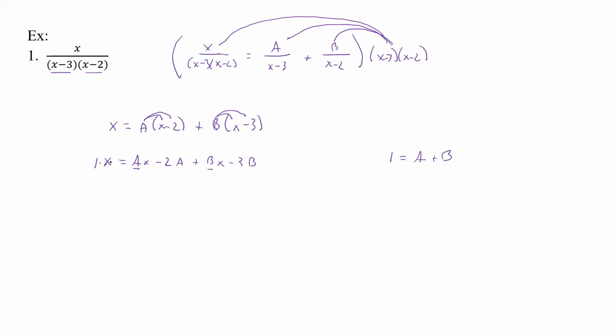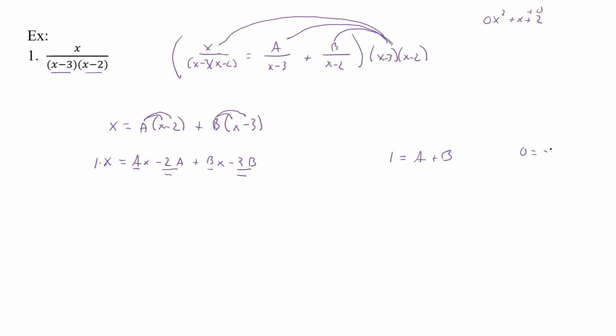Now, we don't have anything else over here for just the numbers. If we had a normal quadratic, you usually have x squared plus x plus some number. So here we basically have 0x squared, and this really is 0 because there's nothing else over here, just x. So we set our 0 equal to the coefficients of just the numbers, which is minus 2a and minus 3b.